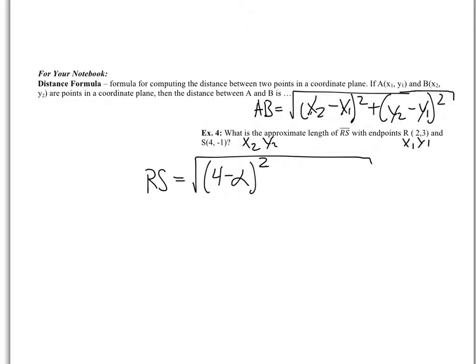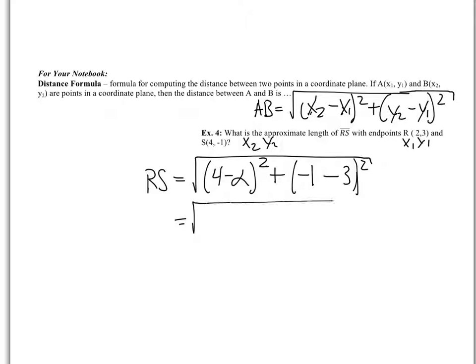plus y2, which is negative 1, minus my y1, which is 3, squared. Okay.